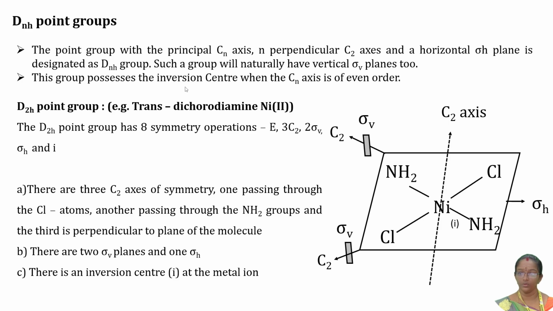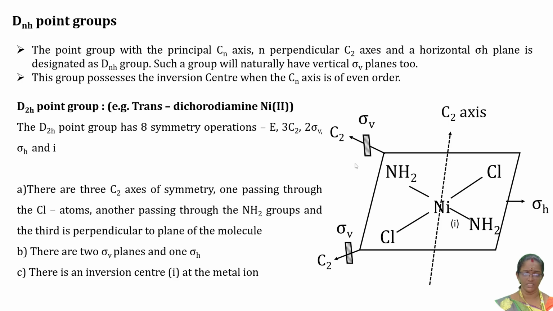An example for this point group is the D2h point group. Trans dichlorodiamine nickel(II) complex possesses D2h point group. D2h point group has 8 symmetry operations. They are E, 3C2, 2 sigma v, sigma h and i.